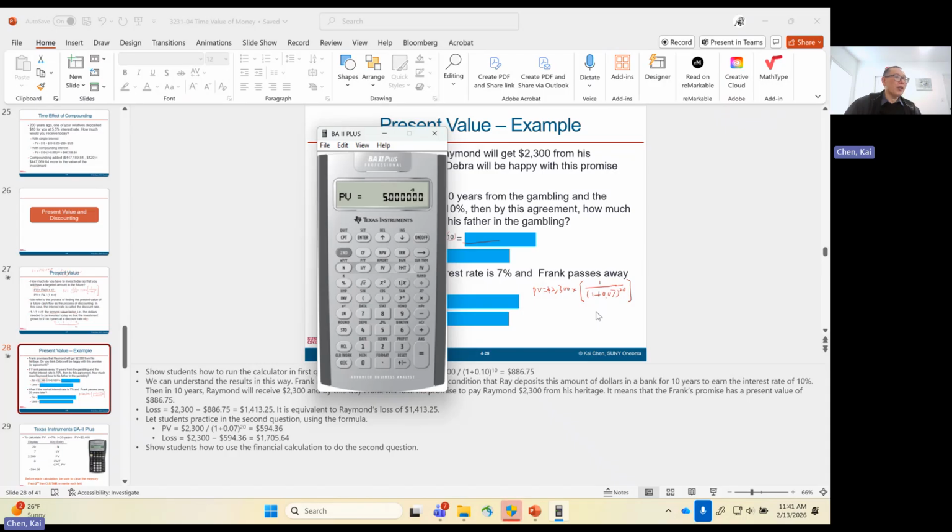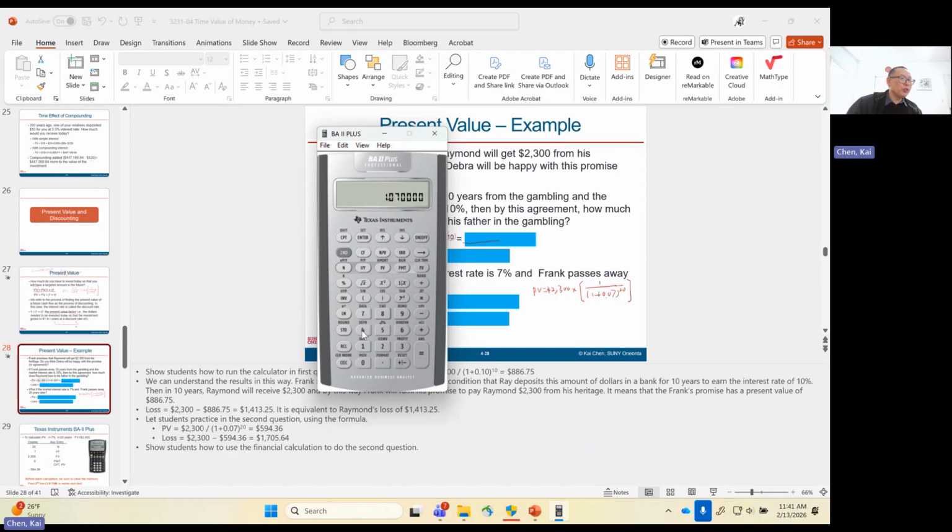In order to calculate the present value factor, first of all we calculate 1 plus 0.07 raised to the 20th power. So 1 plus 0.07 equals 1.07. Then we raise this base to the power of 20.